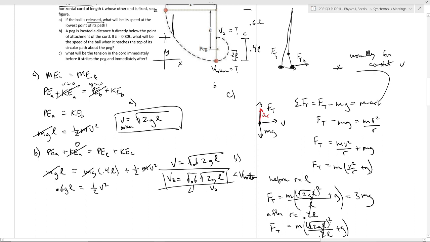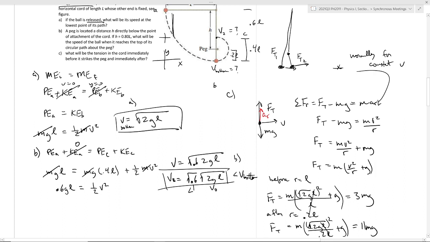So notice, again, the factor of L would drop out, and we'd be left with 2g over 0.2, which is actually 10g, plus a factor of g. So this would become 11 mg.